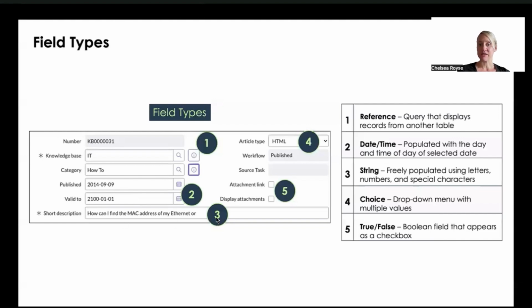Right here is a string, where somebody can type in a description, different words, that's known as a string. Right here, number four is a choice. That's a drop-down menu where you have multiple values. And then number five is a true and false, which is the checkbox marks as well.